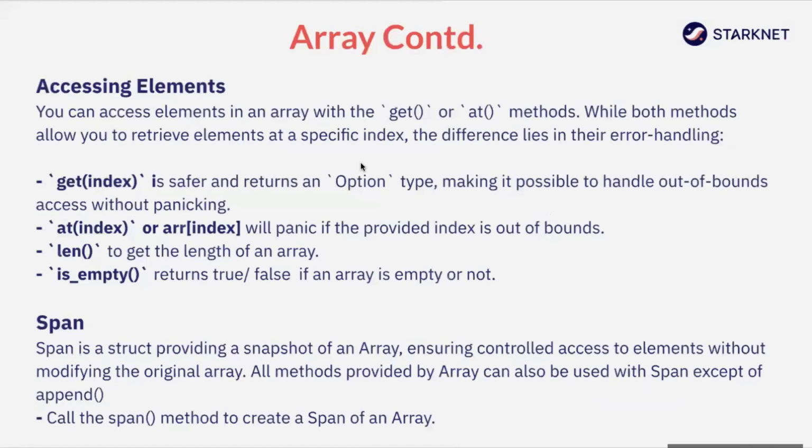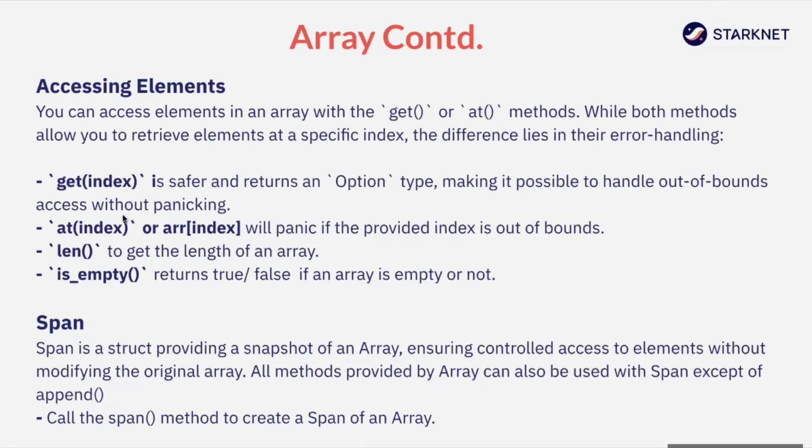So to access array elements, you can use the get and the at methods. While both of these methods allow you to retrieve elements at a specific index, the difference lies in their error handling.